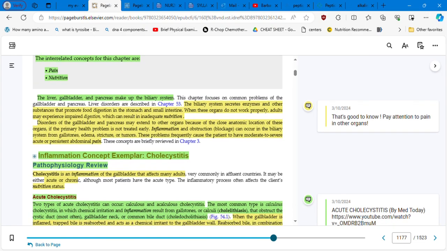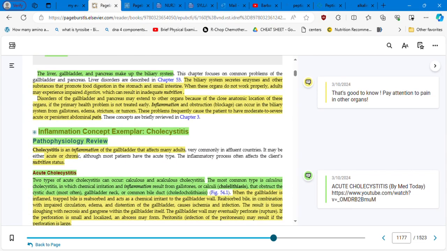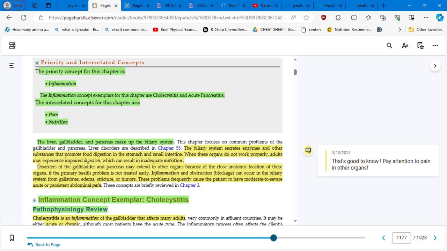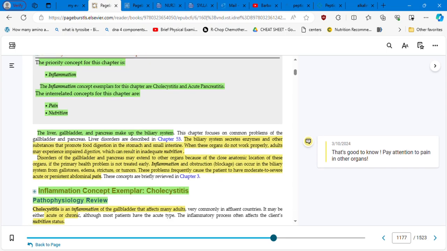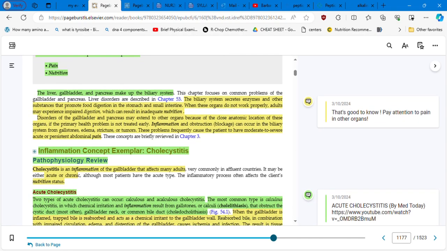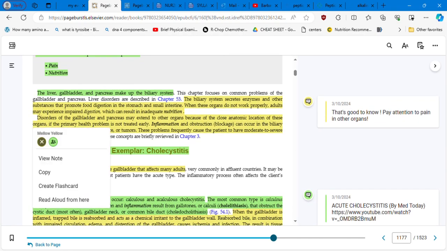So the first one is going to be cholecystitis. The priority concept for this chapter is inflammation. Then the inflammation concept exemplars for these chapters are cholecystitis and acute pancreatitis. We're going to talk about pain and nutrition.